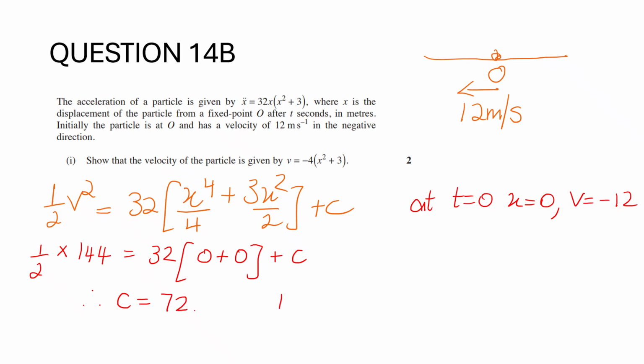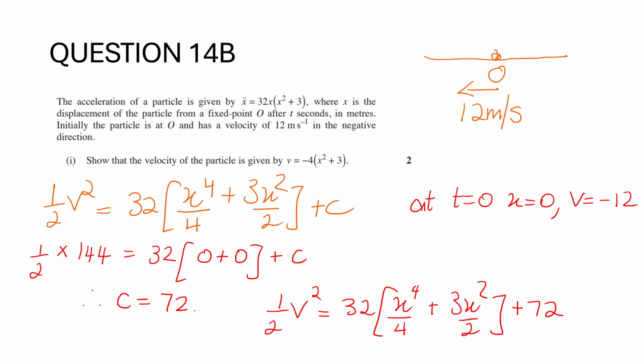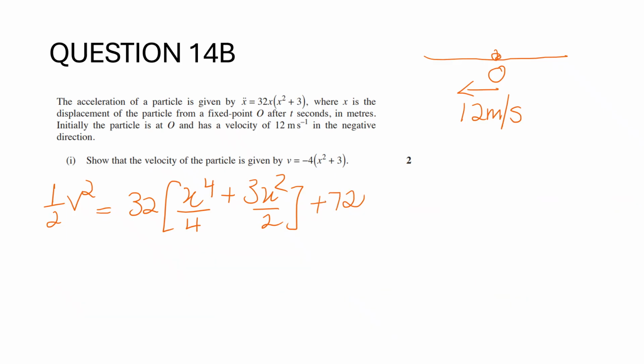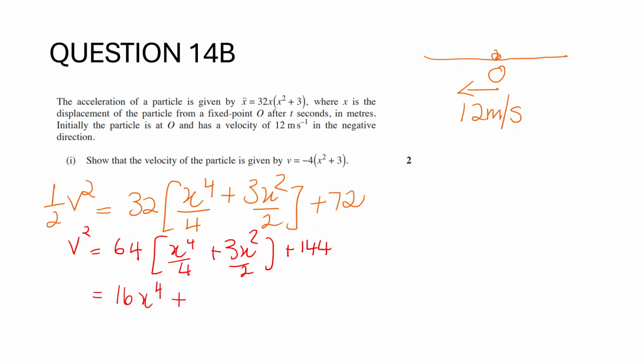So we have a half v squared is equal to 32, and then in brackets, x to the power of 4 over 4 plus 3x squared over 2 plus 72. Multiplying everything by 2, v squared is equal to 64 (x to the power of 4 on 4 plus 3x squared on 2 plus 144), and expanding through we get 16 x to the power of 4 plus 96 x squared plus 144.